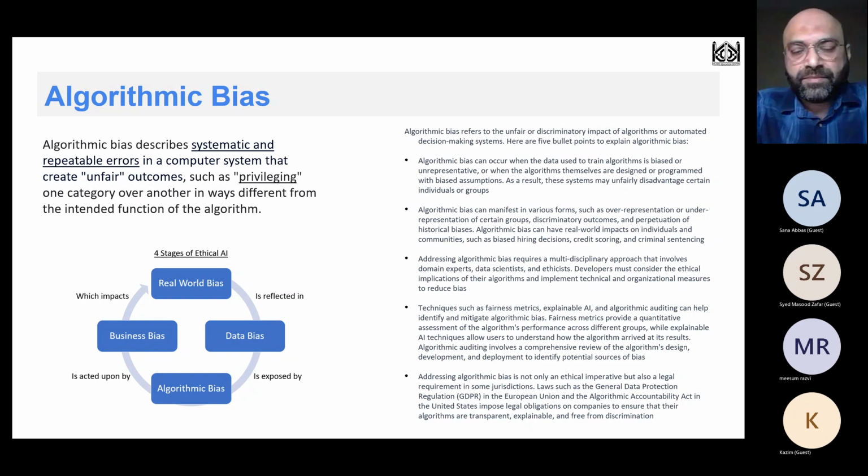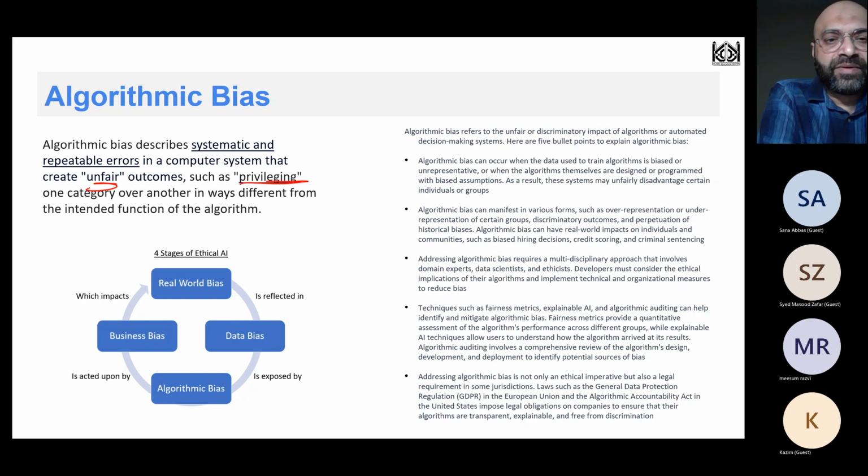So algorithmic biases. If you remember the definition of algorithm that we discussed, I think it was in the second class. Keep that in your mind. So these algorithmic biases describe the systemic and repeatable errors in a computer system that create unfair outcomes, such as privileging one category over another.